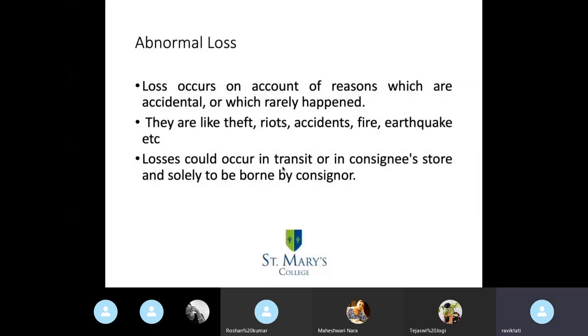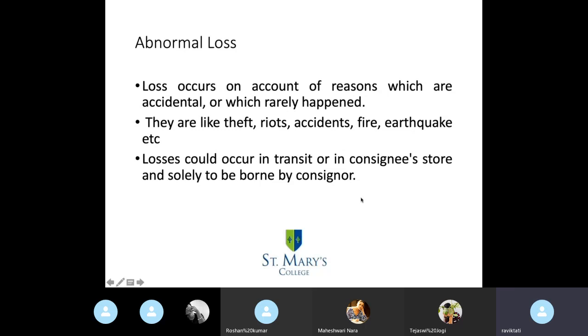Now, abnormal loss. Normal loss we have seen. Abnormal loss occurs on account of reasons which are accidental or which may rarely happen. They are like theft, riots, accidents, fire, earthquakes, etc. Loss could occur in transit or in the consignee's store also.